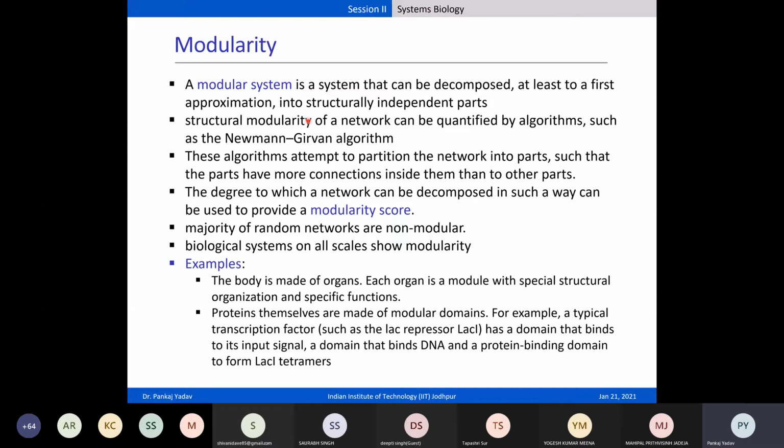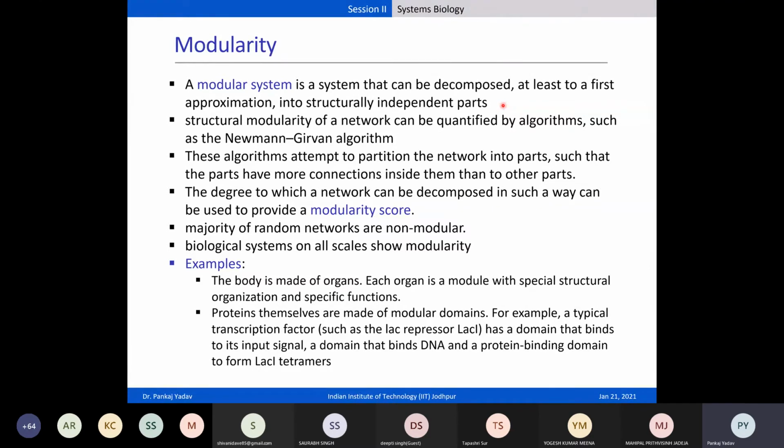Basically a modular system is a system that can be decomposed, at least to a first approximation, into structurally independent parts. So you can think of it as communities that exist, or they act, or they function independently.